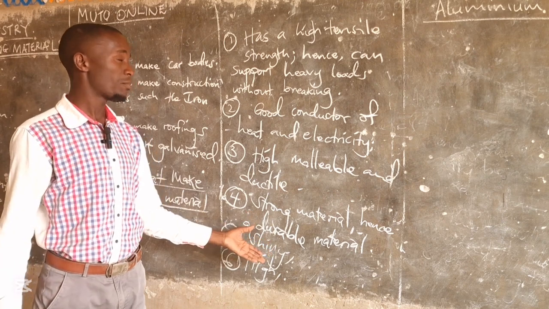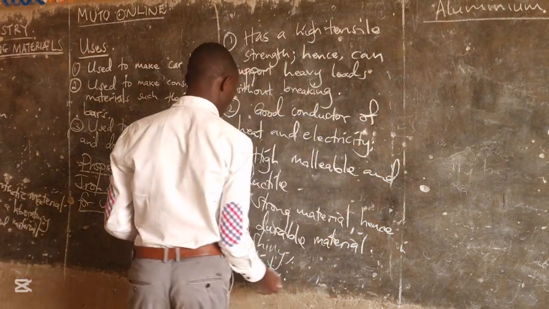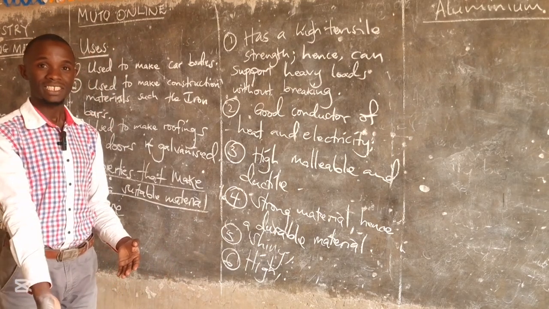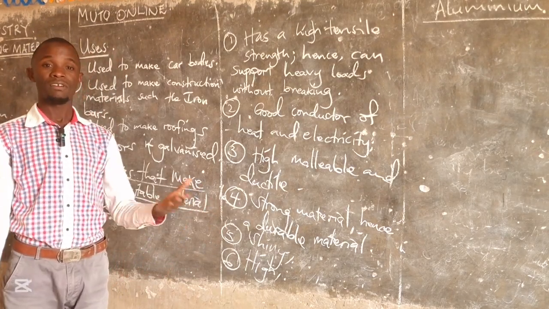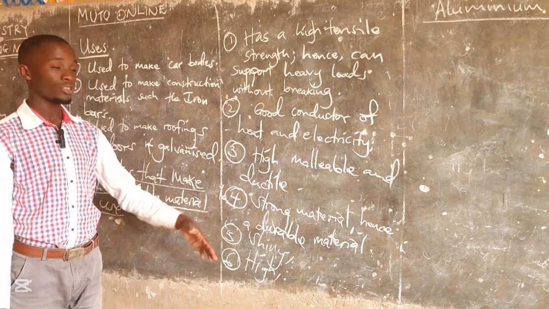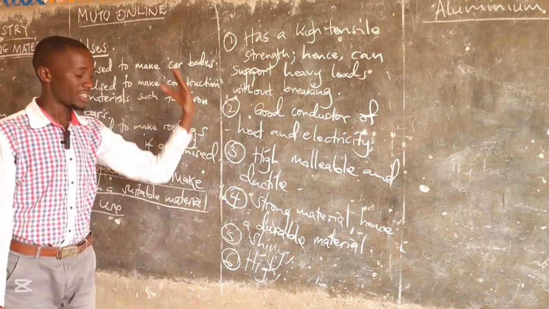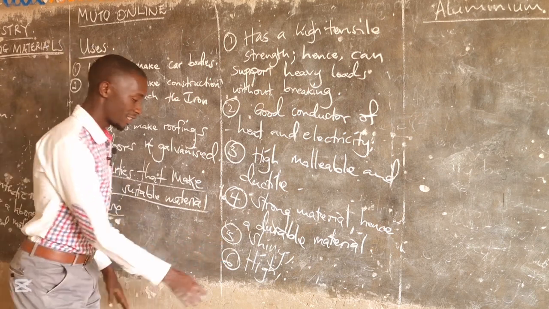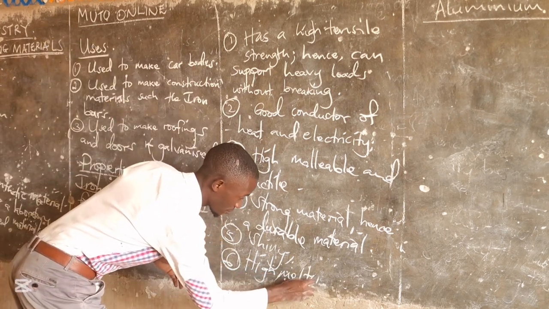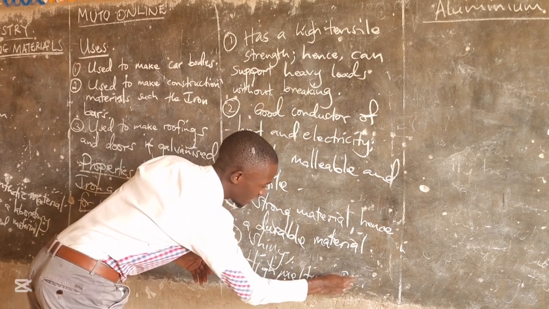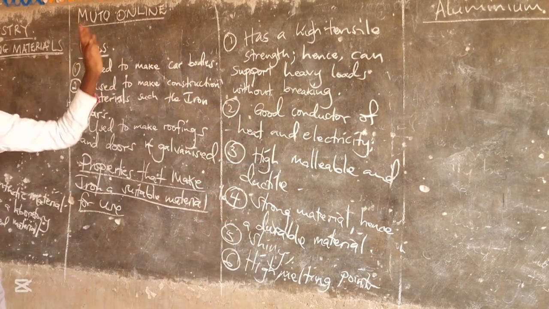You can give resistance to corrosion, resistance to rusting when galvanized or painted. All those are properties of iron. There are very many. For me, I've just mentioned these, so you can give more.